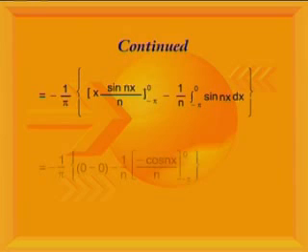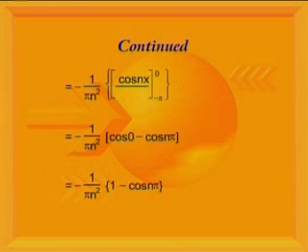The very first term becomes 0, very obvious, and the second integral is -1 over n times (-cosine nx divided by n), where x is from -pi to 0. Substituting these limits, an is equal to -1 over pi n squared times (1 - cosine n pi).